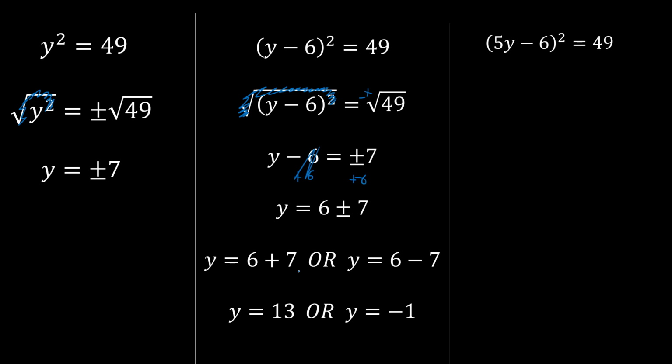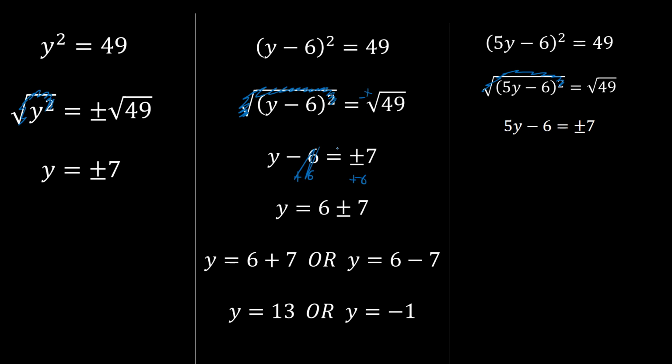Now one more example where instead of just a y, we have a 5y minus 6. And still the same thing. We want to get rid of the squared, so we take the square root of both sides, which will get that to cancel. And I'm left with 5y minus 6 on the left side, and then a positive or negative 7 on the right side.